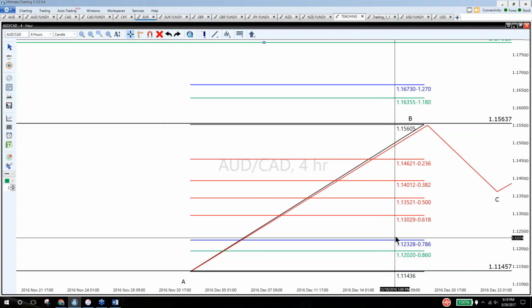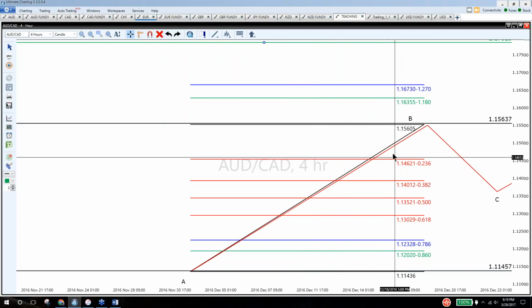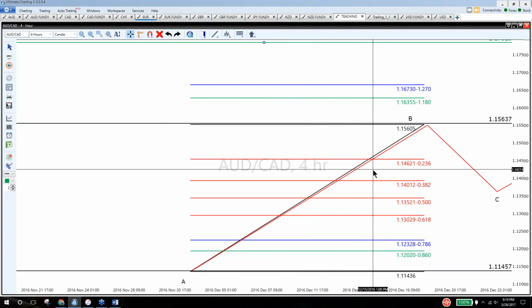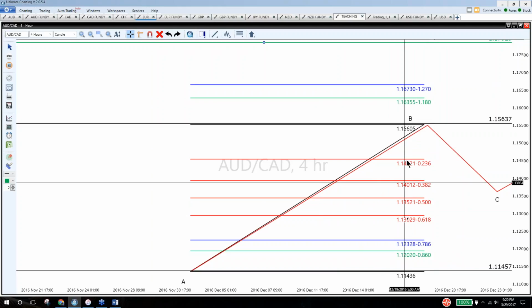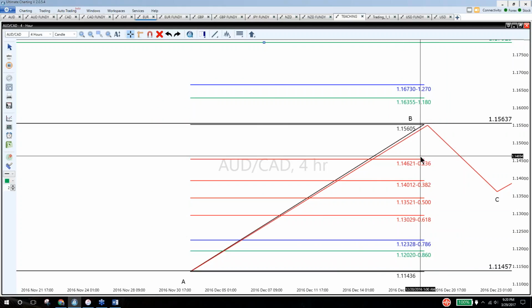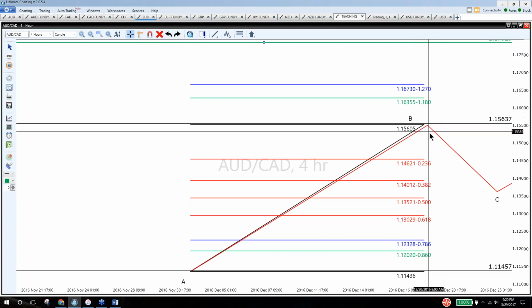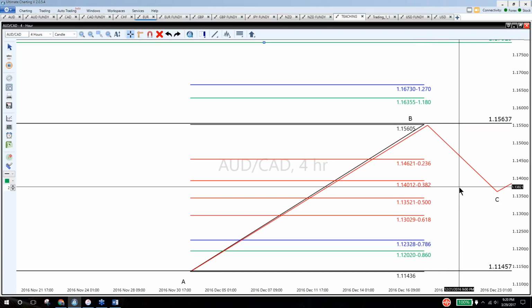I already have my capital ABCD in the direction of the overall trend. And if I'm going to track a retracement, that means that I'm tracking an ABCD in which direction, up or down? Down, right? We're looking at the retracement, which means the movement is going to be in the direction of the bears.